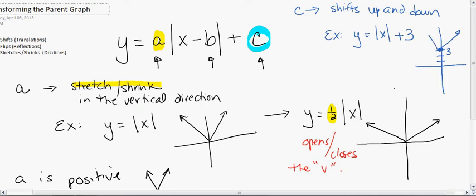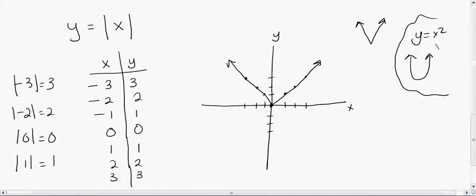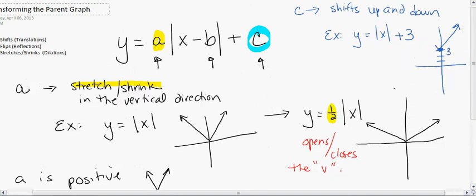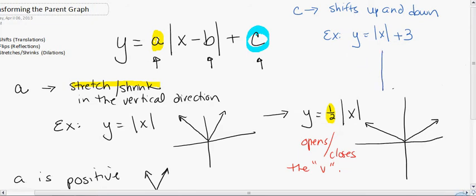Sorry, I lost my graph here. Let me just redraw it in another space. 1, 2, 3. So it's still a V, but it's shifted up 3 in the vertical direction.